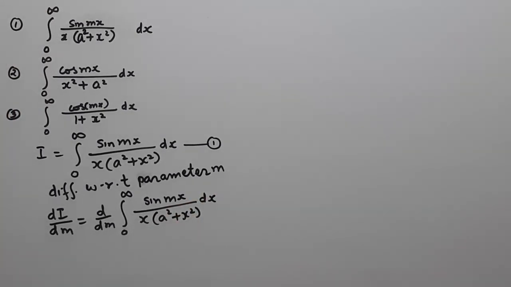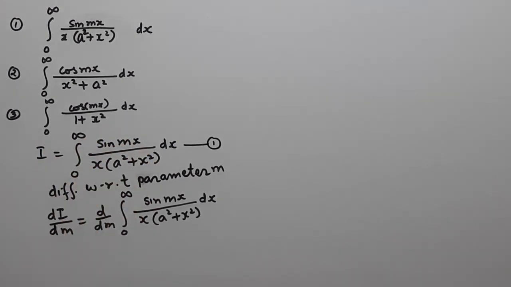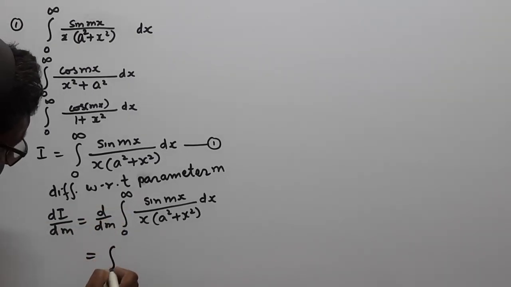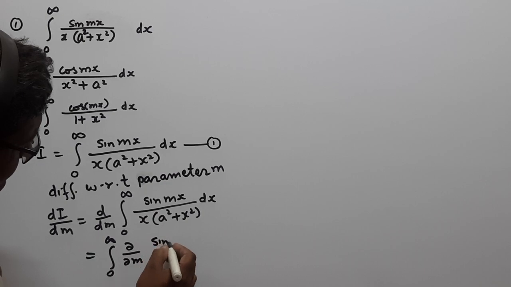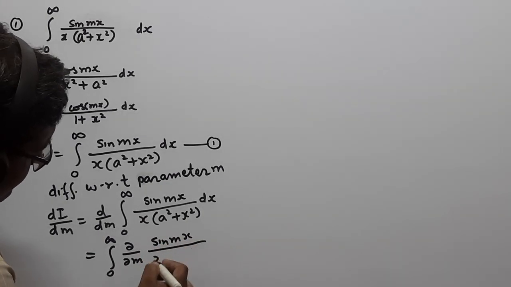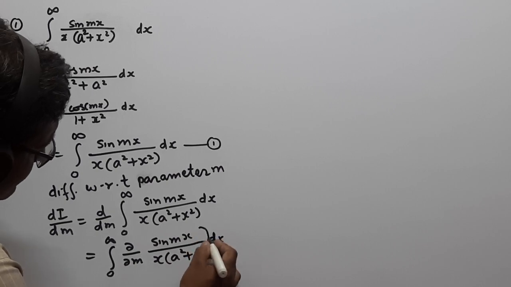Here we differentiate the given integral with respect to the parameter m, because m is independent of x. Now when this differential operator goes inside the integral sign, it converts into partial differentiation. So this can also be written as the integral from 0 to infinity of del by del m of sin mx divided by x multiplied by a square plus x square dx.